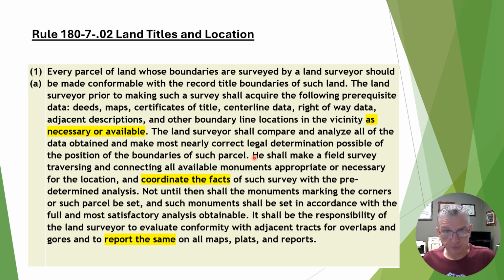Then, step 3, we shall make a field survey. Third phase, the third step of the process is then to go to the property and survey it. Connect all the available monuments appropriate or necessary for the location. Then fourth, we coordinate the facts of such survey with the predetermined analysis, which was step 2.